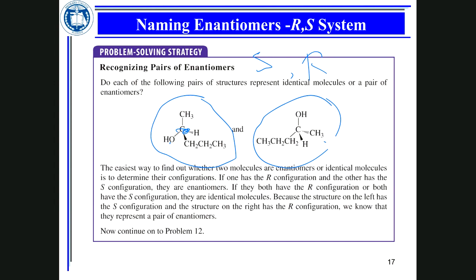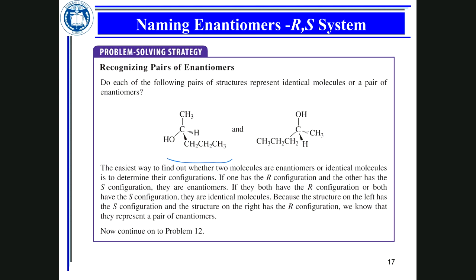Okay, I need you to help me assign priority for the groups attached and the configuration. For this molecule on the left side, what takes the highest priority? Okay, perfect. OH takes the highest priority, 1.